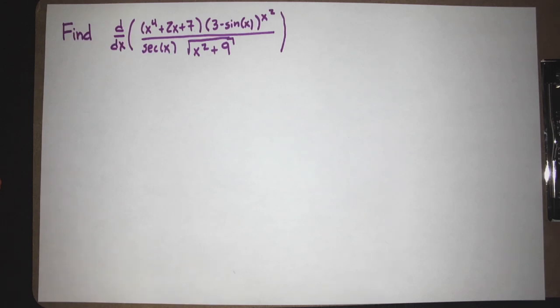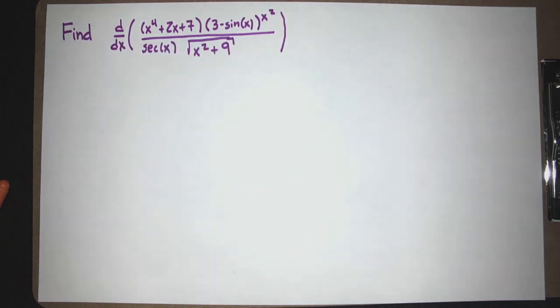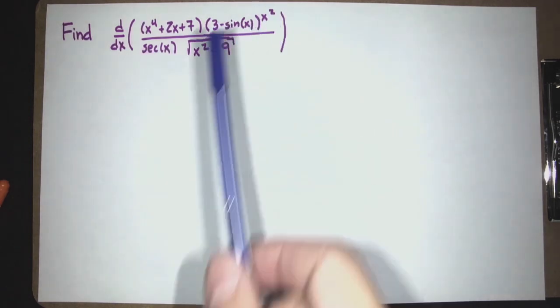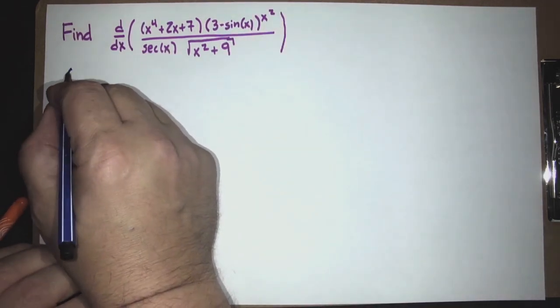No, we don't take zeros. We get all the points. What do you see here? Yeah. You see lots of multiplication. You see lots of division. You even see a function upstairs and a function downstairs. This is tailor-made for logarithmic differentiation.